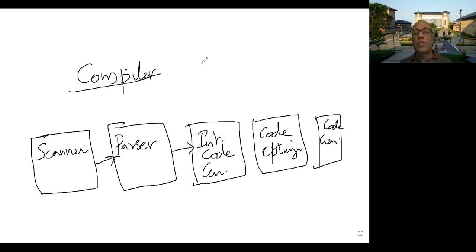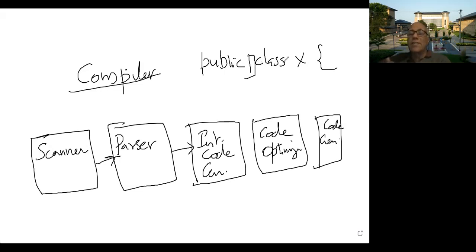So if you write public class X, then it takes all these letters, then forms a token out of it, and says, okay, public is one word that I got because it sees a space here. Then it reads class and sees a space, then says, okay, I got class. It doesn't know what to do with it, how to make sense out of it. It simply gives that to the parser.